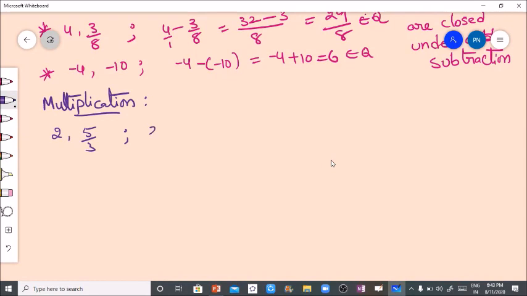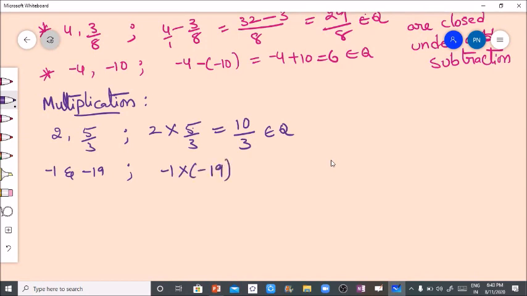Now multiplication, first number into second number. So 2 into 5 is 10 by 3, which is also a rational number. Again, I am taking minus 1 and minus 19. These two are also rational numbers. Minus 1 first number into second number. Minus into minus is plus. 19 ones are 19, which is also a rational number.